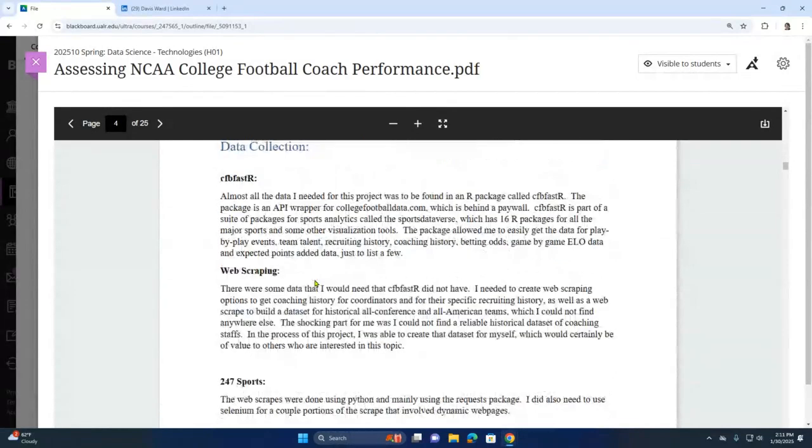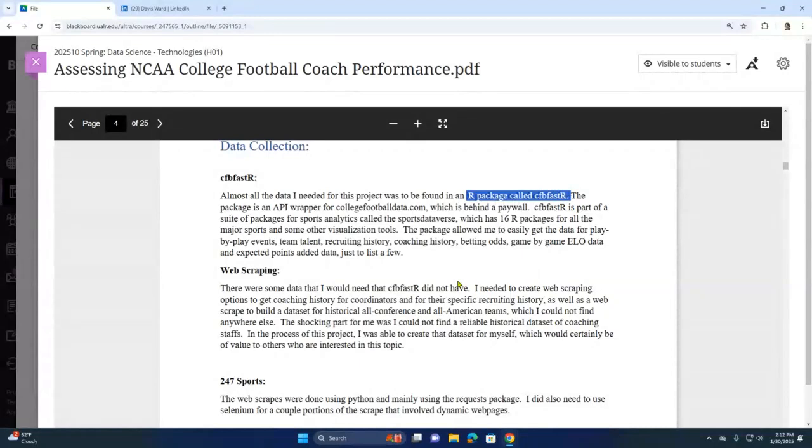literature. And then he has a section where he talks about, okay, I've got some metrics in mind, but can I collect the data for these metrics? His sources were, first of all, he found an R package. We'll talk a little bit about R next week.